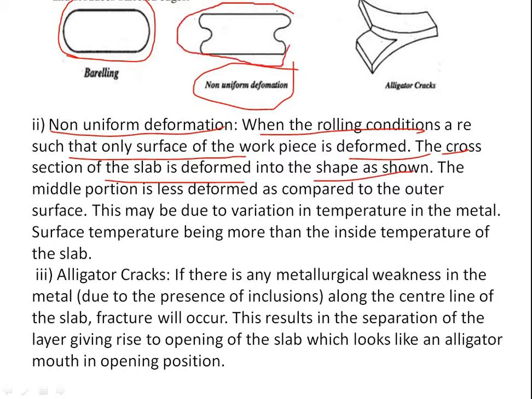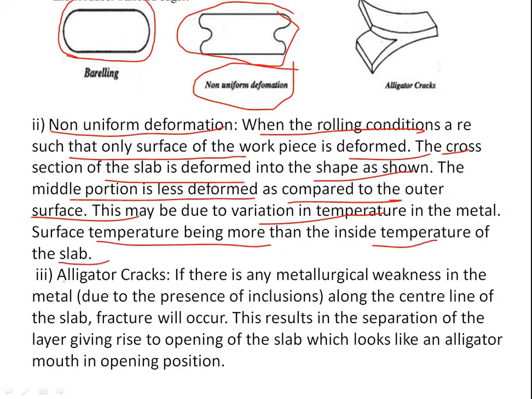Here the deformation occurs in this way. The middle portion is less deformed as compared to the outer surface. This may be due to variation in temperature in the metal, surface temperature being more than the inside temperature of the slab. Next one will be alligator.